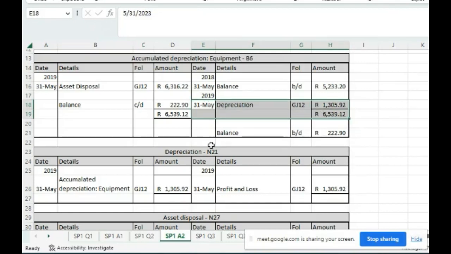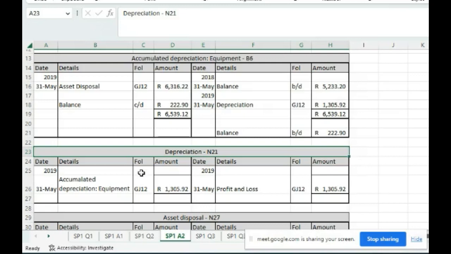That is why we go to depreciation and say there's the contra. We recorded this under accumulated depreciation. So the only thing we do is bring that same amount down there, and we are going to account for this in our final results in our profit and loss account, and that is why we bring it in there.